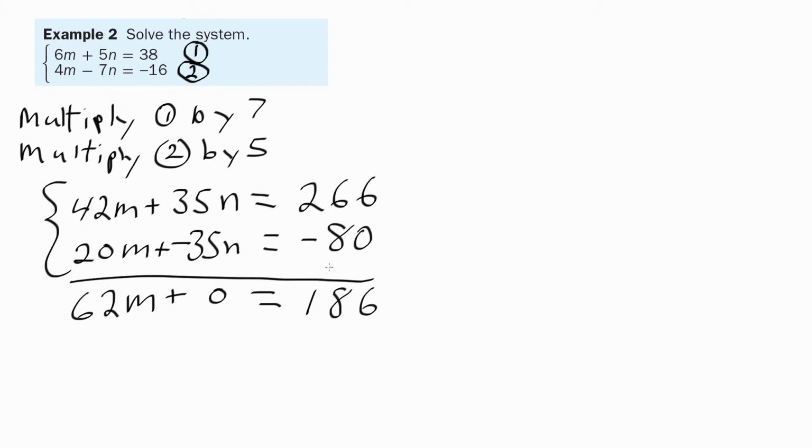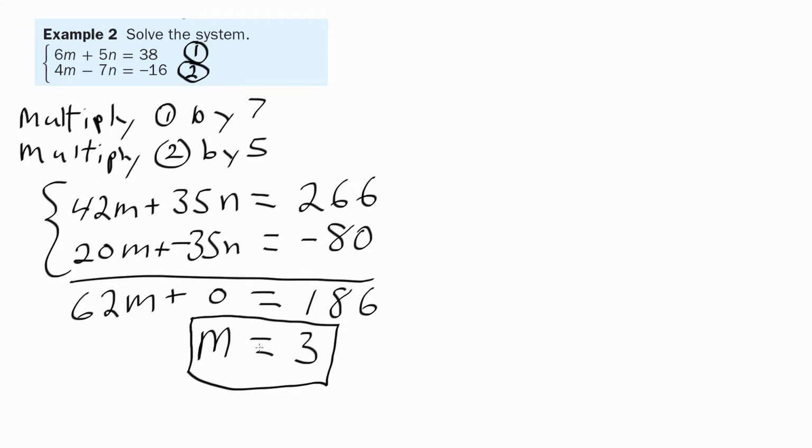Next, we're going to divide both sides of the equation by 62, and 62 goes into 62 one time, so I have m. And 186 divided by 62 equals 3. So I have an integer result that m equals 3 is a possible value.